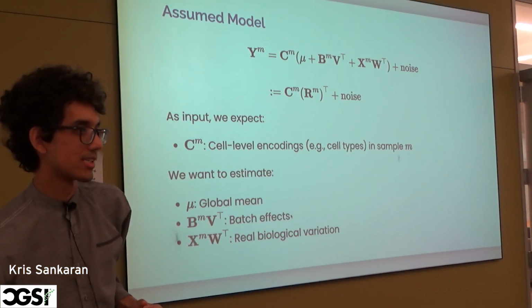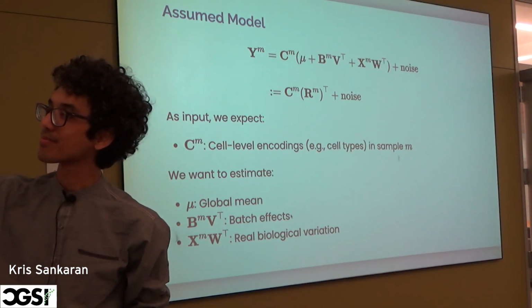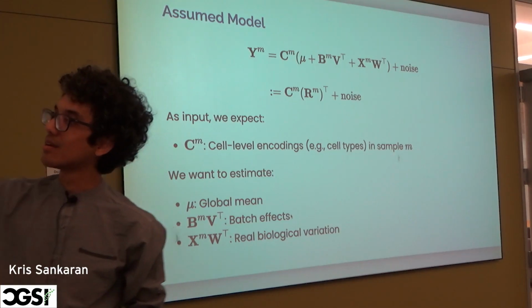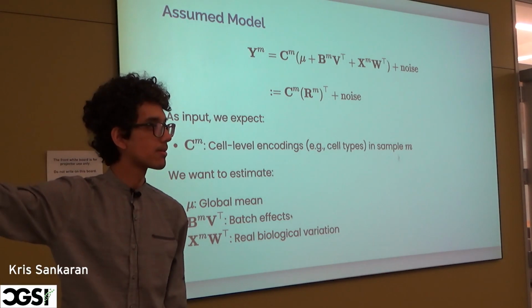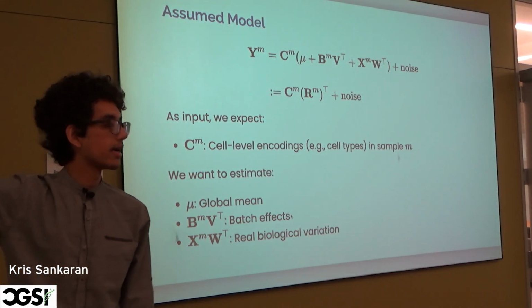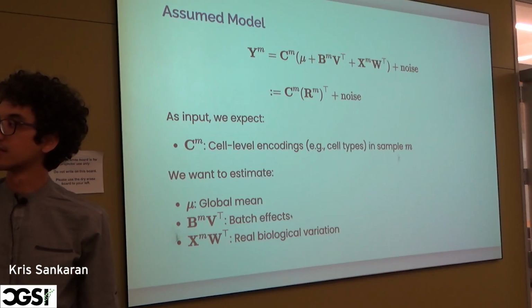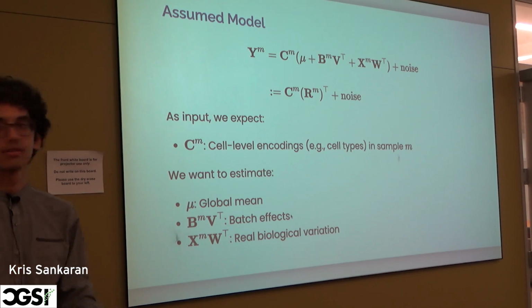Okay, this is where I try to draw a picture and see if this somehow makes sense. So imagine this is one cell type, and this is batch 1, batch 2. And this is gene 1, gene 2. So it's the centroid for this cell type in the two batches.